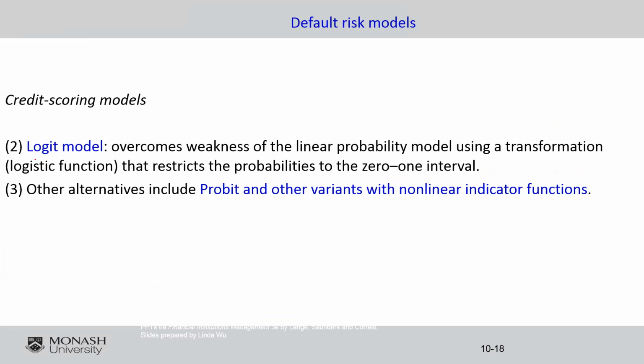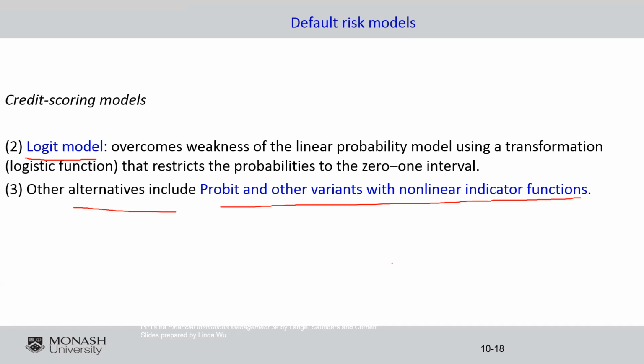To solve this problem, we can go to the Logit model, which is the second model, or we can go to other alternatives, which include Probit and other variants with nonlinear indicator functions.